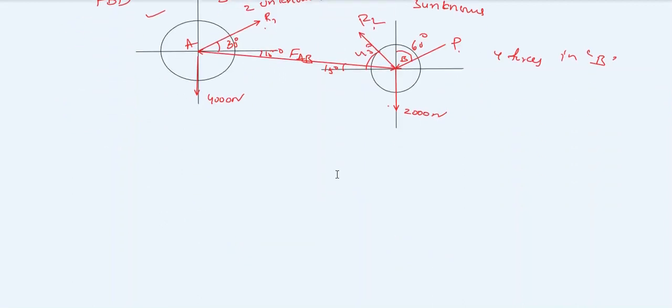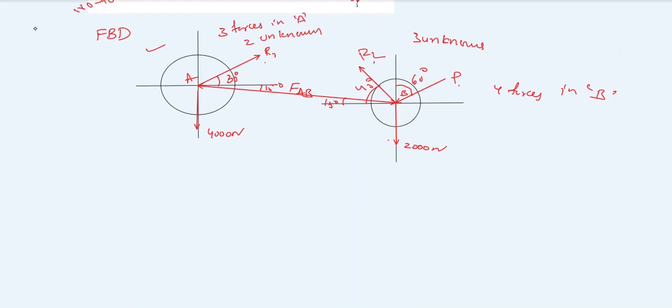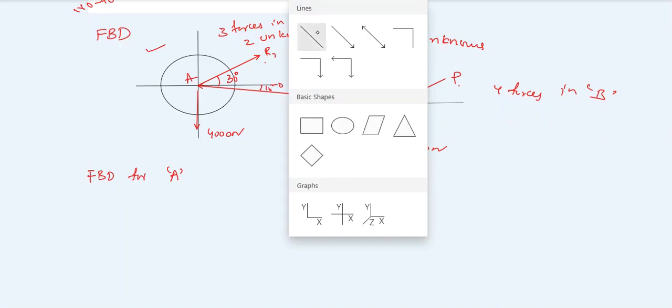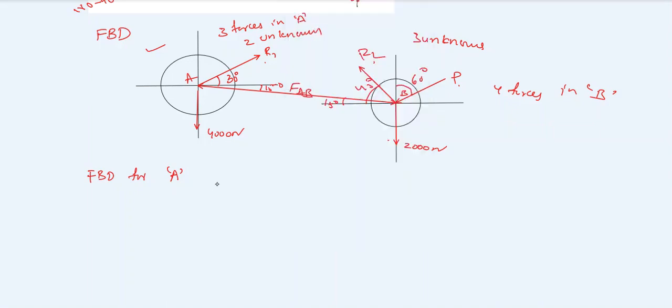So let us redraw the free body diagram FBD again. Let me draw FBD for body A, only body A. According to our requirement, I am going to use law of transmissibility to solve unknown forces, right? So let us draw x-axis, similarly, y-axis.